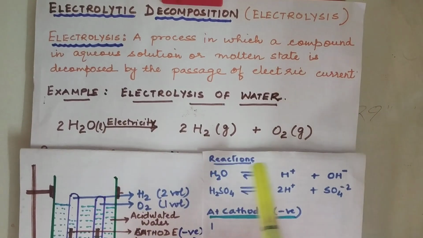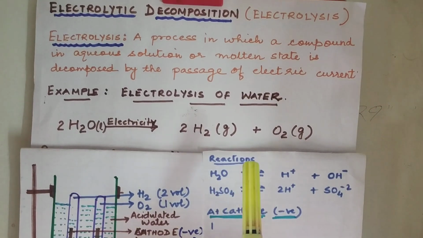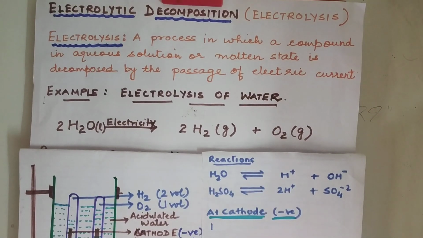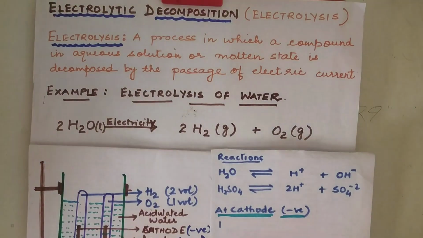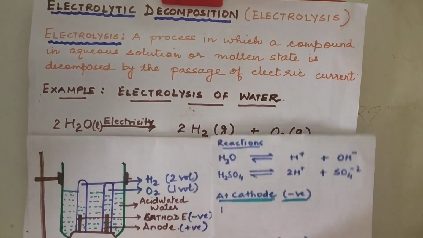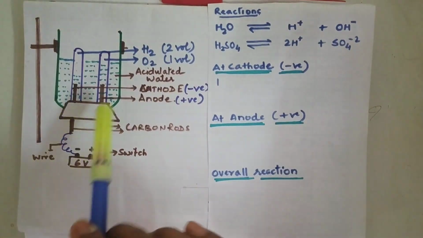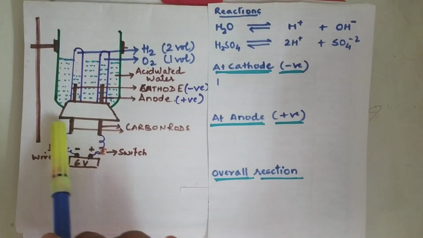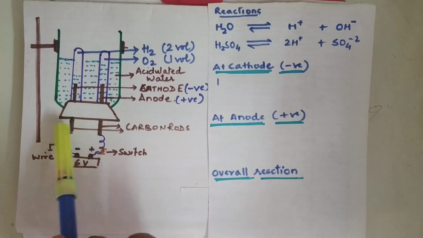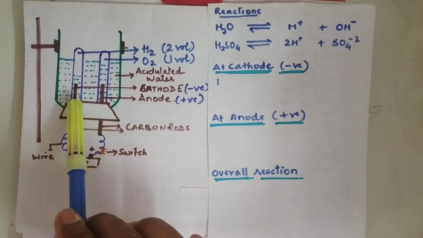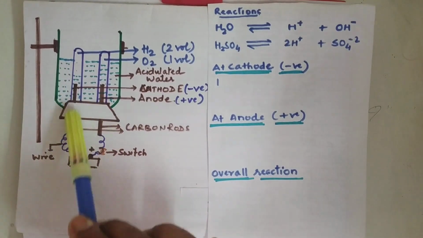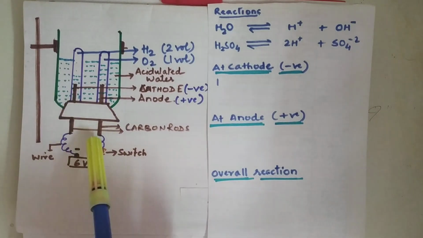The apparatus in which this process is done is called Hofmann's voltameter. But today we are going to understand this experimental setup in this diagram. This is the electrolytic cell. It is a glass vessel or a plastic vessel in which a hole is made at the bottom and a rubber stopper is put, in which two holes are drilled, and through both the holes two carbon rods are inserted.